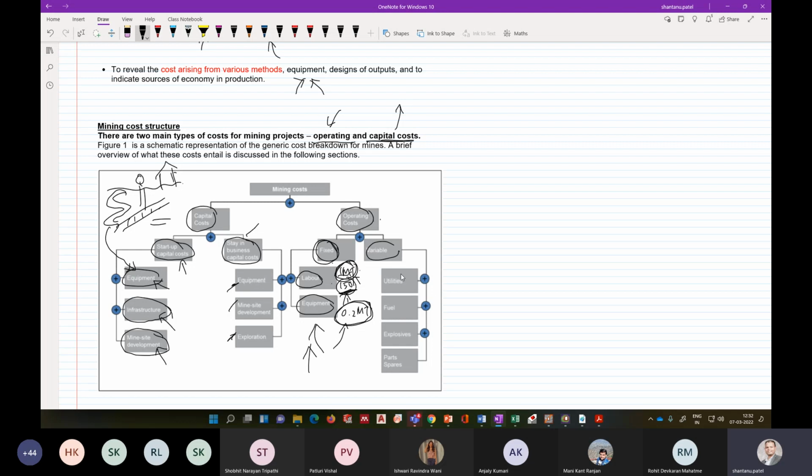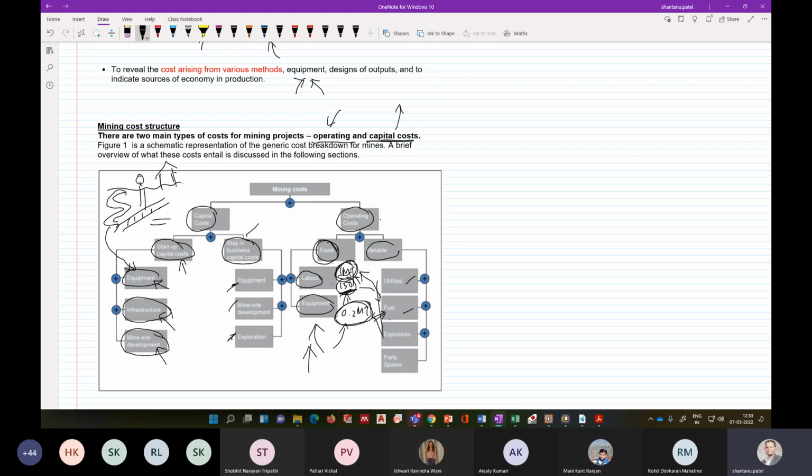Then we have our variable cost, like our utilities, fuel. Like if you produce 1 million ton of ore, the amount of explosive that you blast will directly depend upon how much quantity of explosive you need, right? Or maybe the fuel also, right?